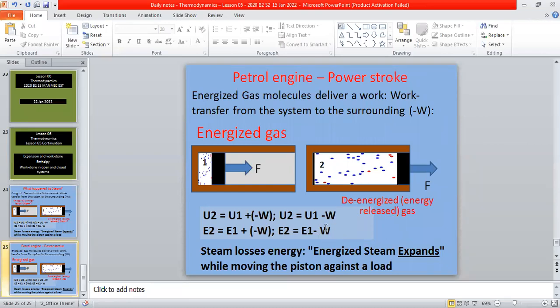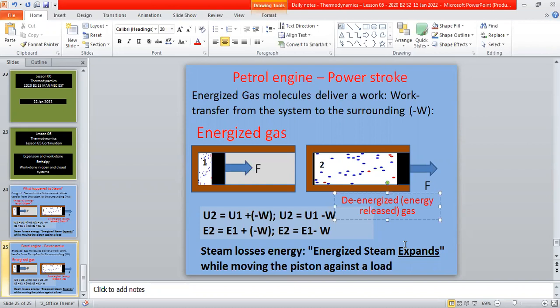If E2 and E1 are the energy levels, E2 is E1 minus the work done by the system on the surroundings. So it is de-energized.